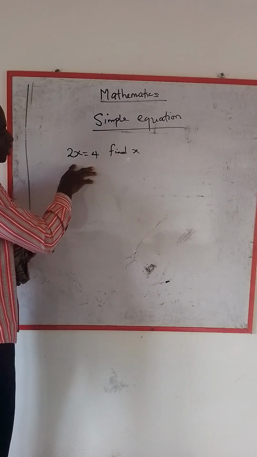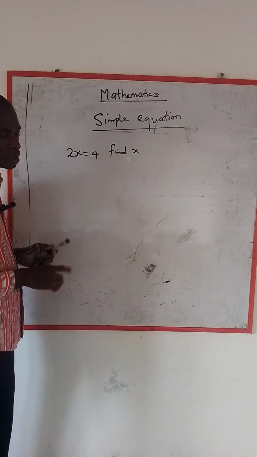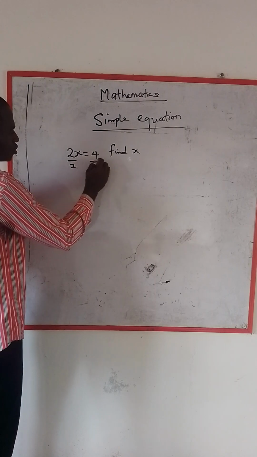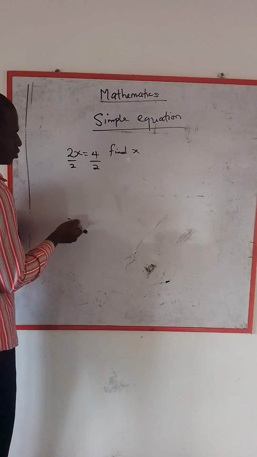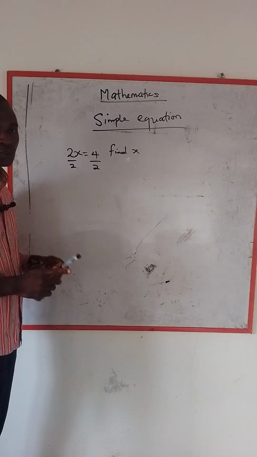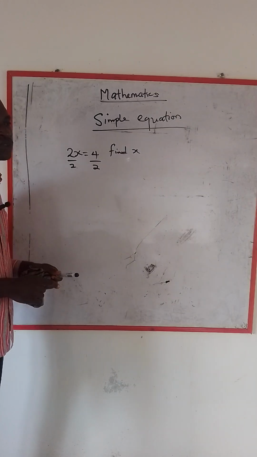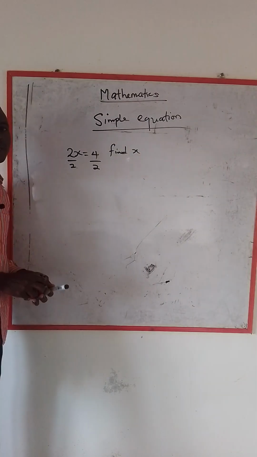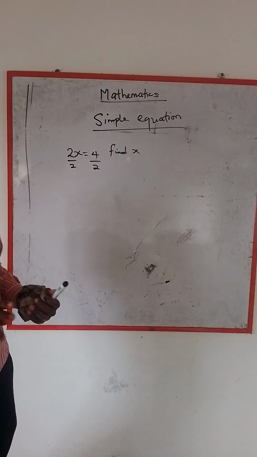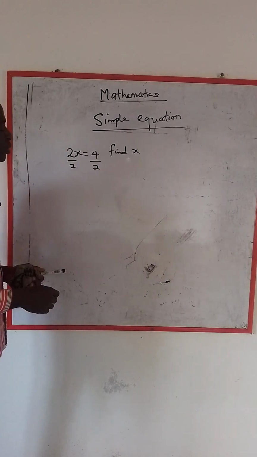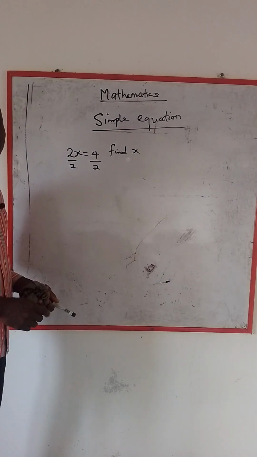Whenever we have it directly in an equation like this, the simple process is to divide both sides by 2, because whatever you do on one side of an equation, you do on the other side. That's why we call it an equation. It's also called an equation because it has an equality sign.